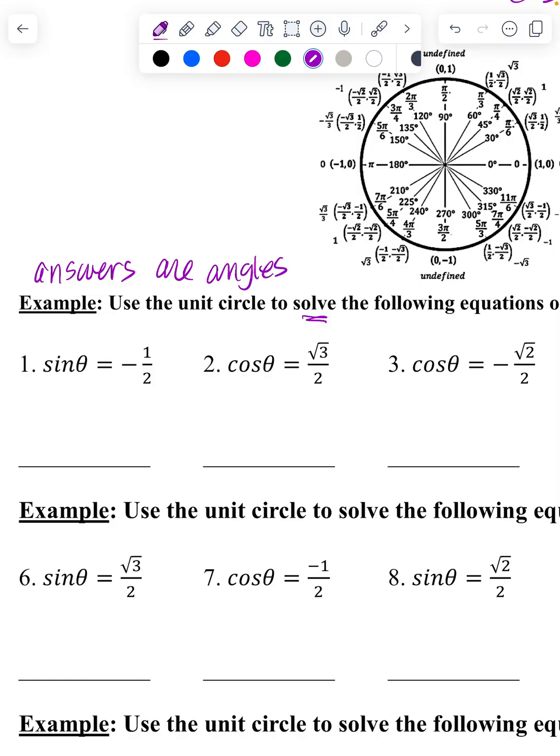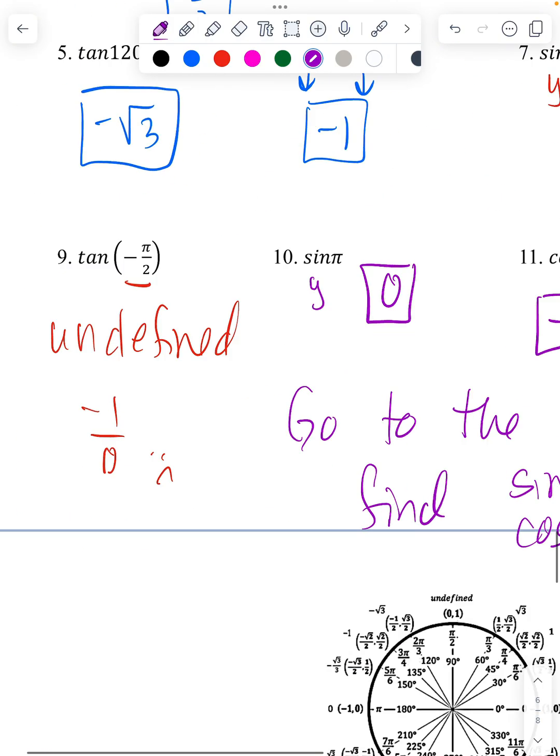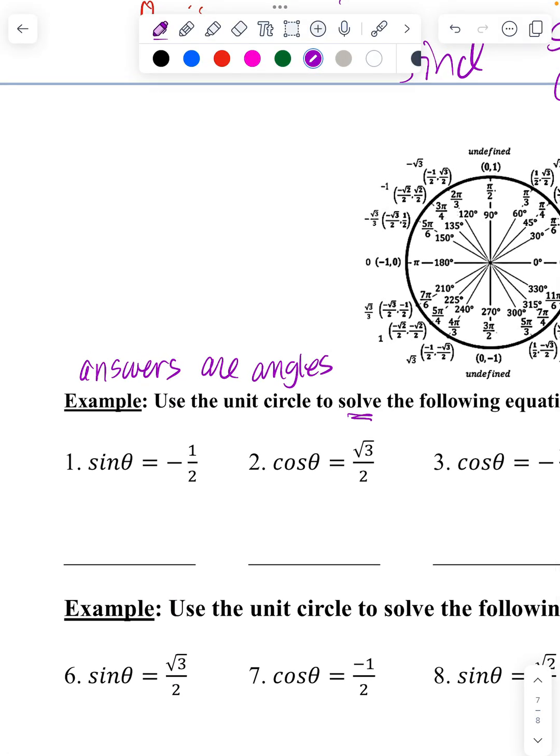not the coordinates. Whereas up here, for these problems, our answers are coordinates, meaning x's, y's. So it's kind of backwards. Here, this question is asking me, what location, where is, and since this is sine, y equal to -1/2.